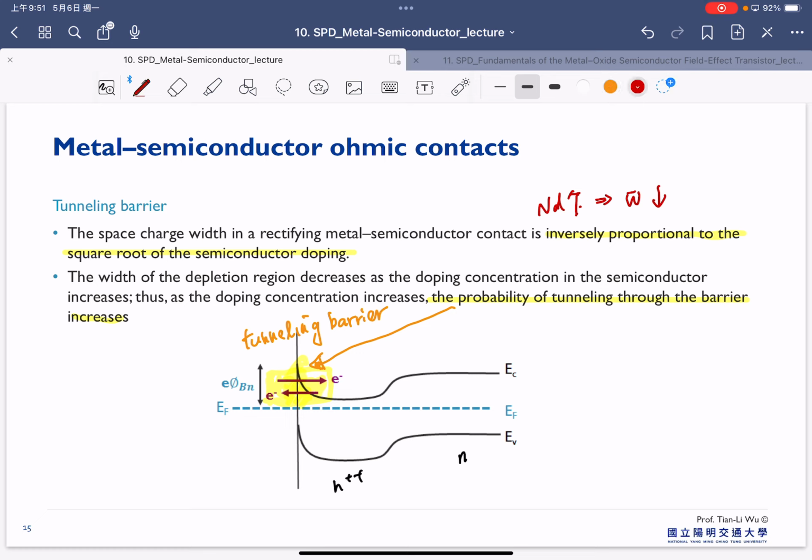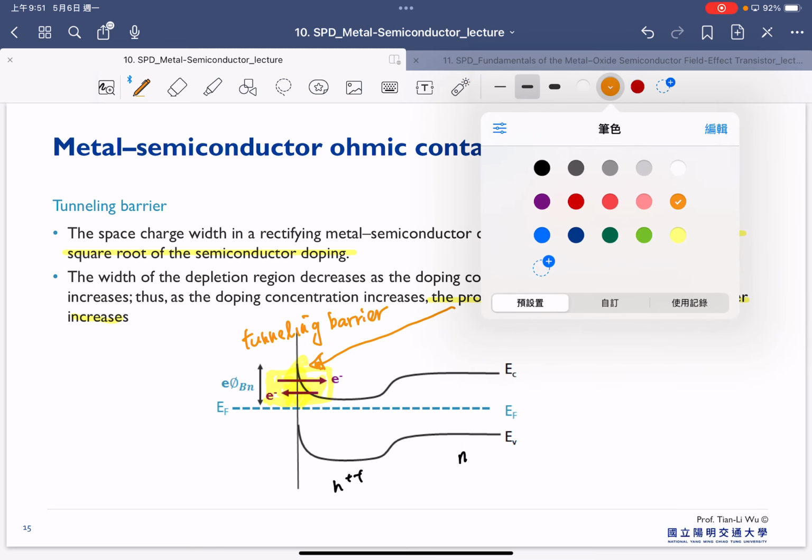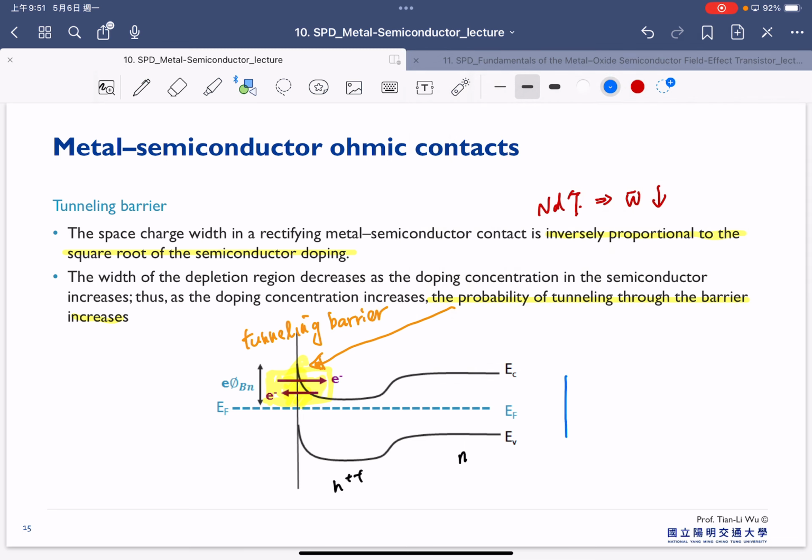So sometimes it's very often to see that we will prefer to make our source drain with a highly doped region.